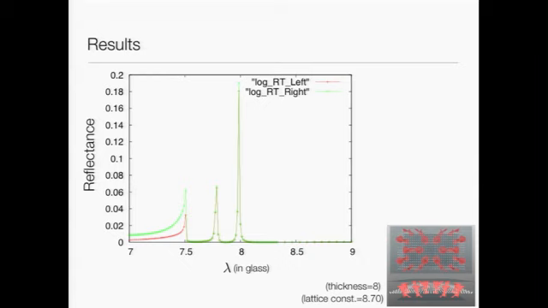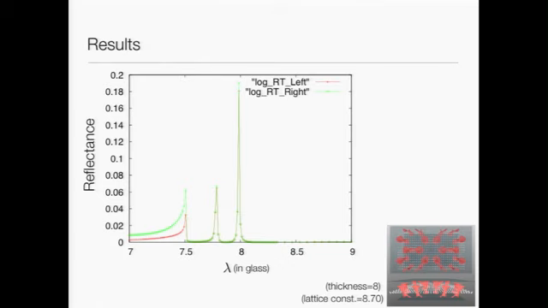Now I'm plotting the reflectance of the liquid crystals as a function of the wavelength. Here, "in glass" means that the liquid crystals are sandwiched by a thick glass substrate, and this lambda is the wavelength also in the glass.